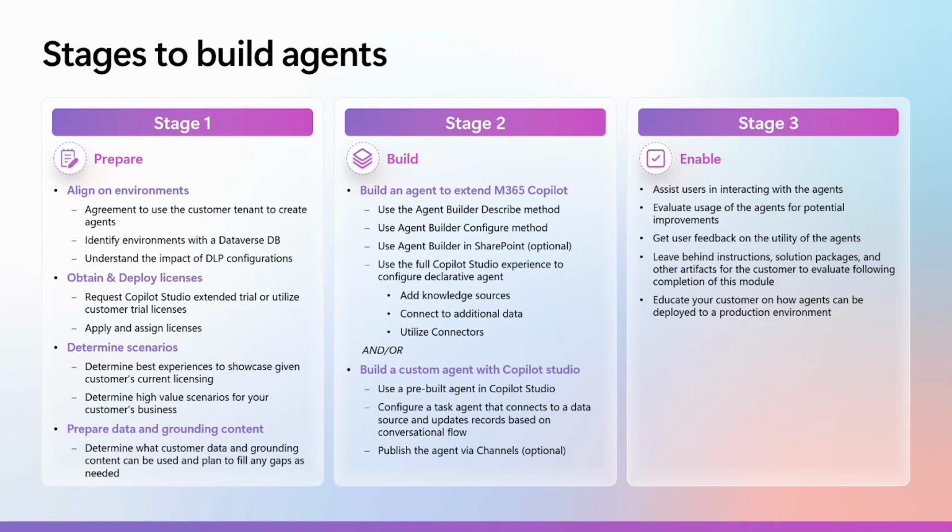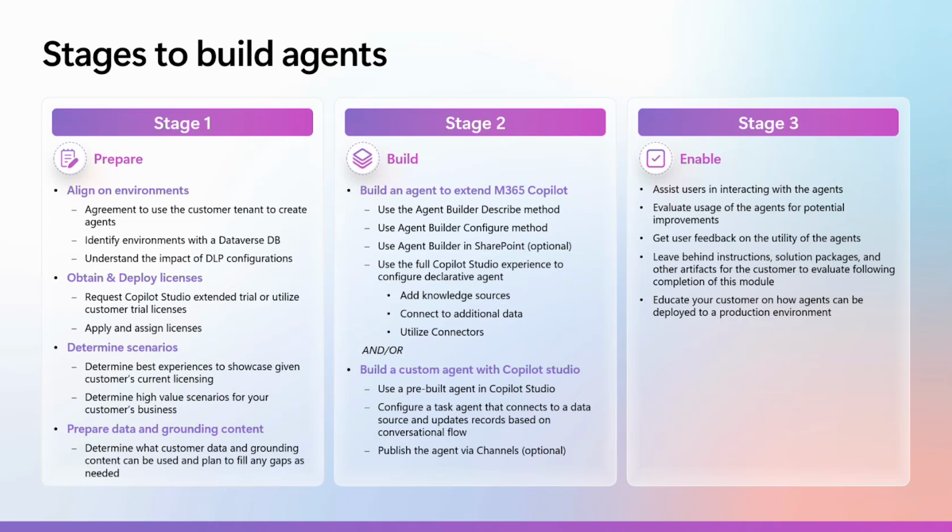But if I want to build a customized agent for my company, I absolutely need Copilot Studio. If I don't have this plan, I cannot build a customized agent. So we can use a pre-built agent, as I mentioned before, or build a new customized agent from zero, from scratch.